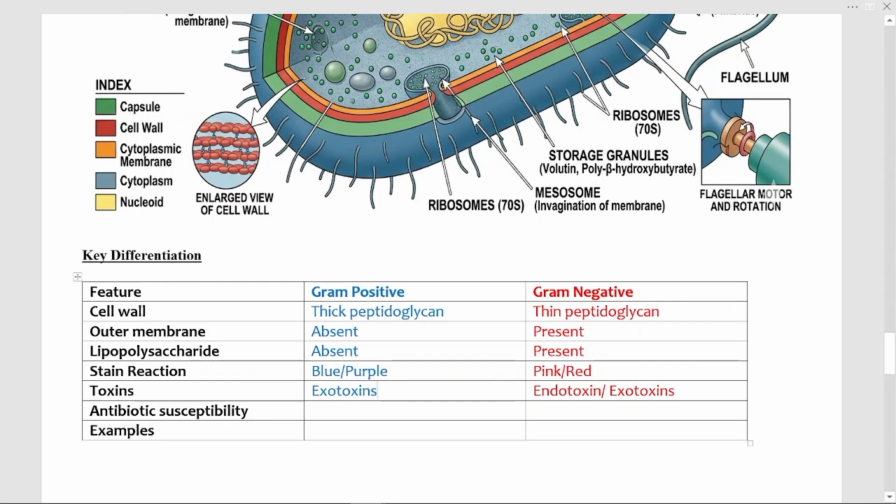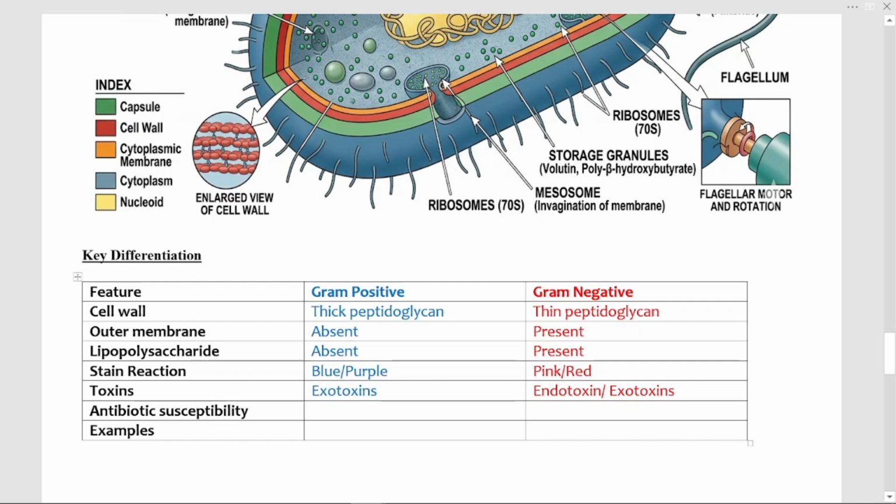They are released upon the death of the cell. When the cell dies, it releases the endotoxins, which are majorly made up of the lipopolysaccharide. So that's what you have to know.